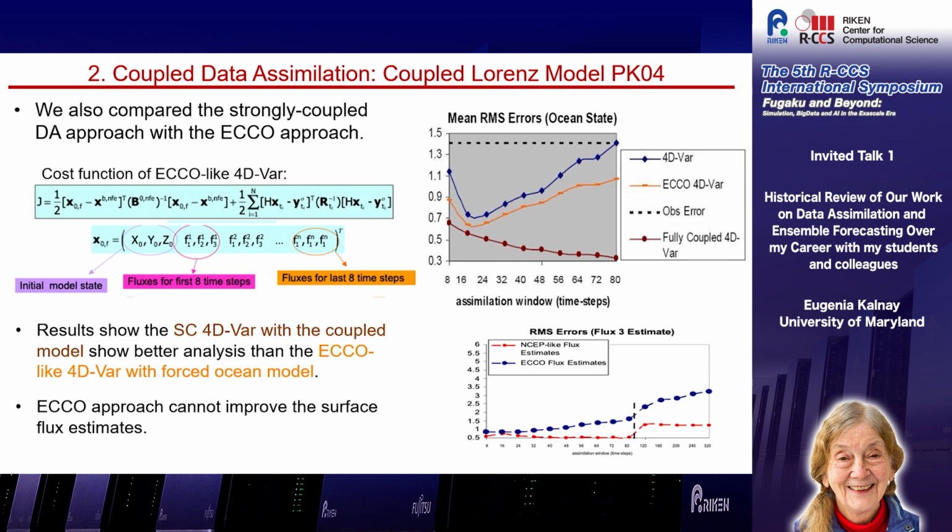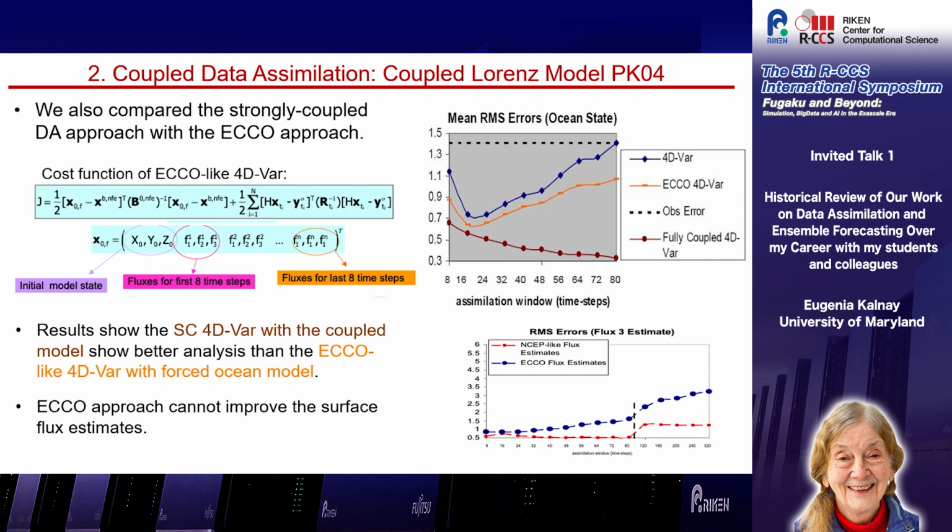With Tamara Singleton, we also compared the ocean analysis accuracy from two types of 4D-Var systems. One is strongly coupled 4D-Var with a coupled model. The other is ECCO-like 4D-Var with a forced ocean model.